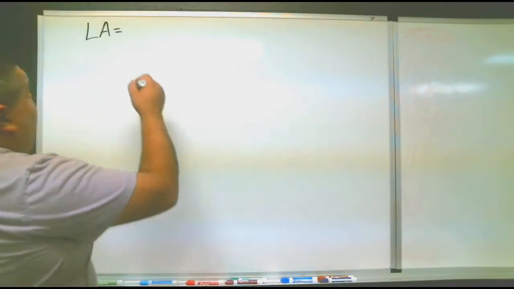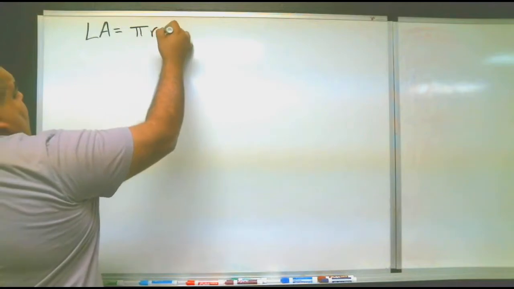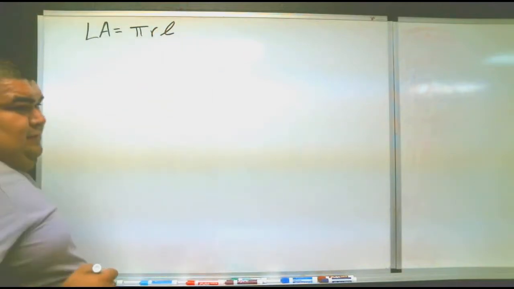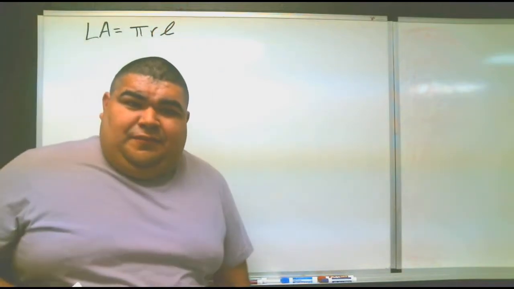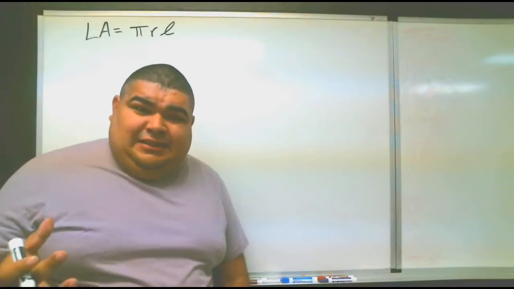You have the lateral part first, which is lateral area equals pi r slanted. Remember, the fancy little L is the slanted height.